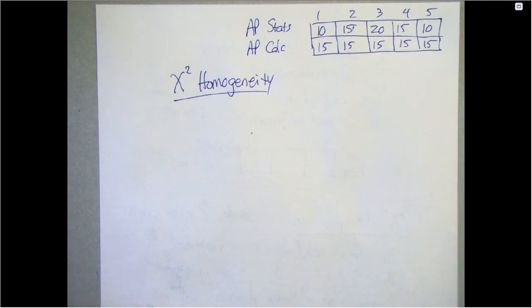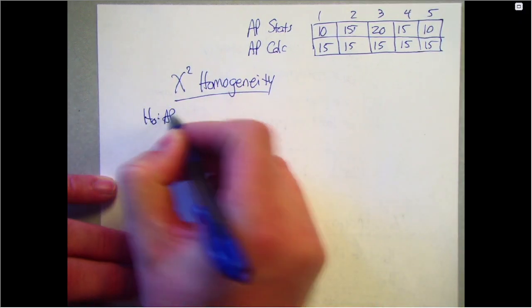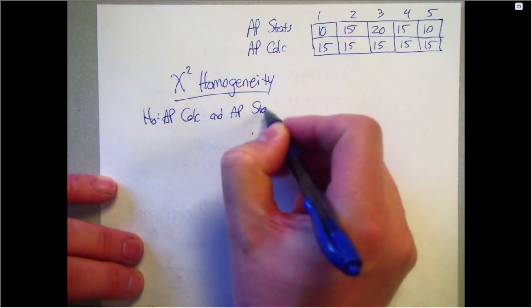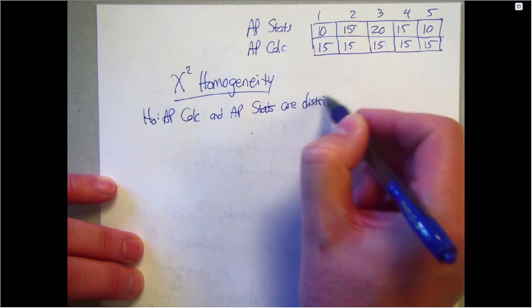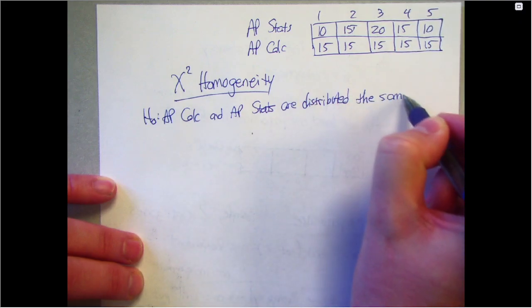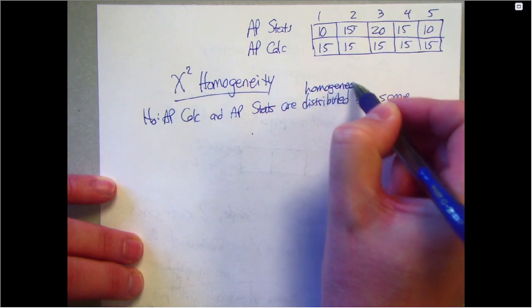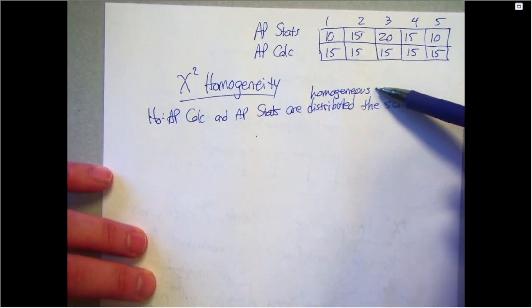Okay, so H0 is going to be AP Calc and AP Stats are distributed the same, or you can put homogeneous. You don't ever really have to remember the vocabulary word.